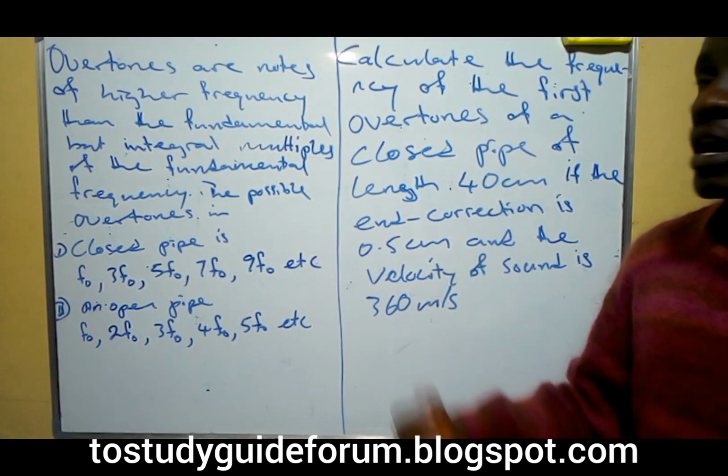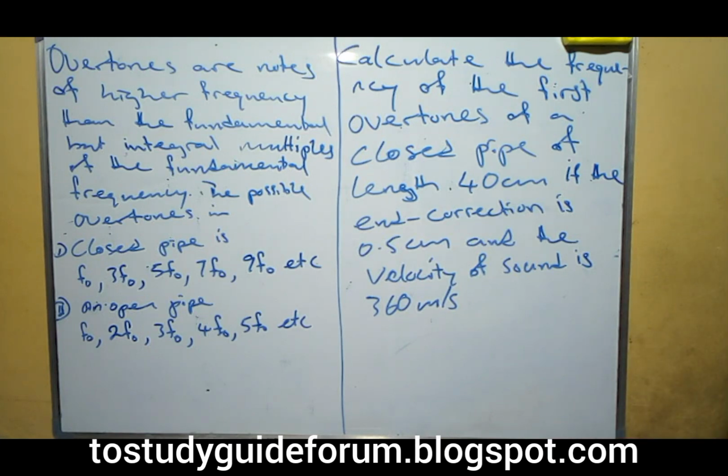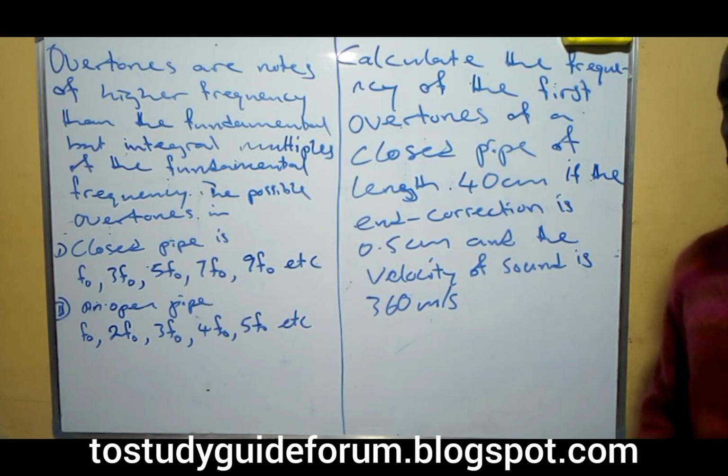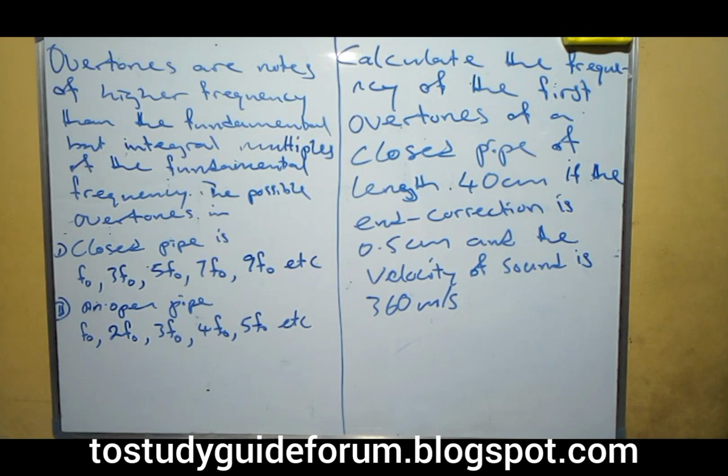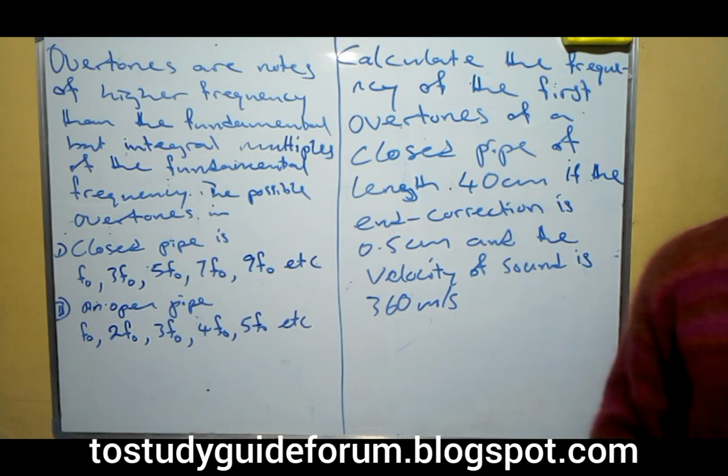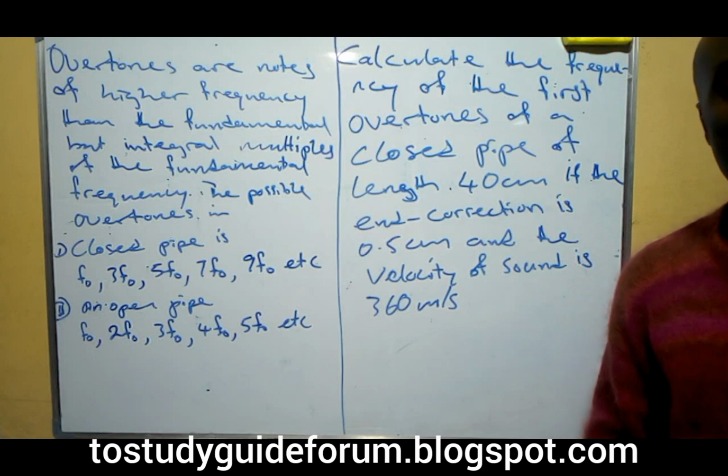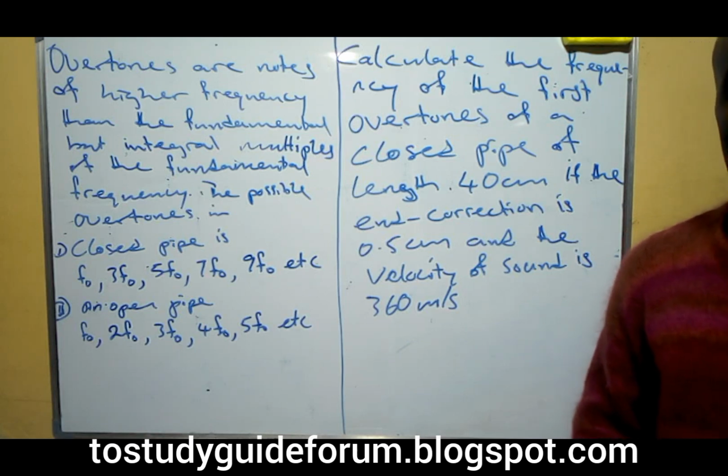So the question we have on the board says: calculate the frequency of the first overtone of a closed pipe of length 40 cm if the end correction is 5 cm and the velocity of sound is 360 meters per second.